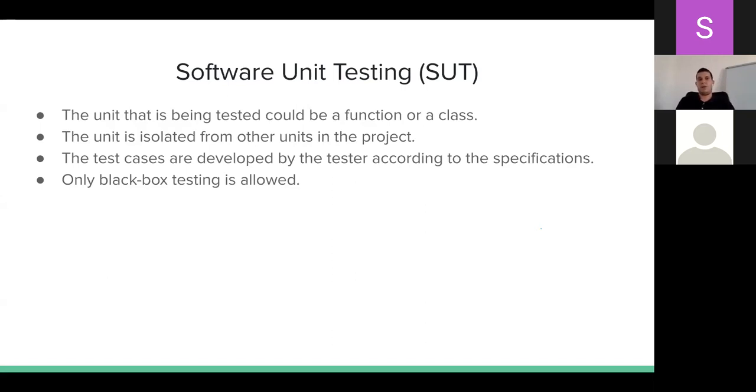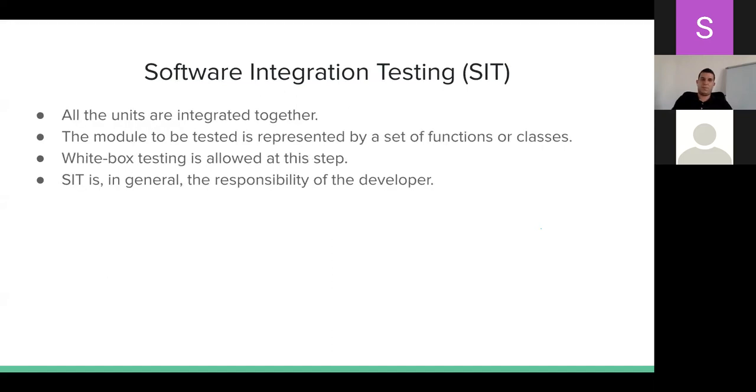The unit is isolated from other units in the project. So if the unit that is tested is using other functions or methods from another unit, those methods are stubbed and the return value could be added by the tester. The test cases are developed by the tester according to the specification, and only black box testing is allowed.